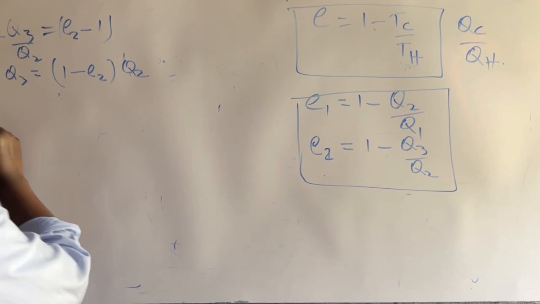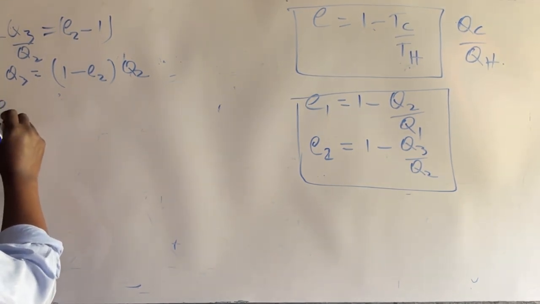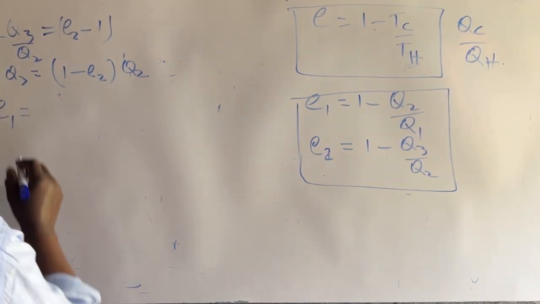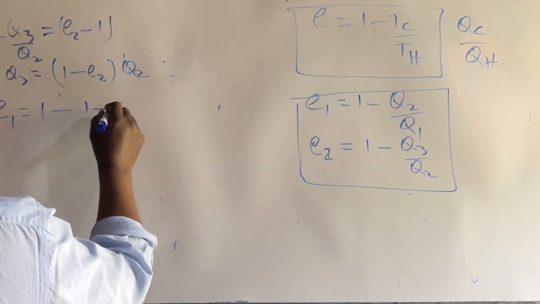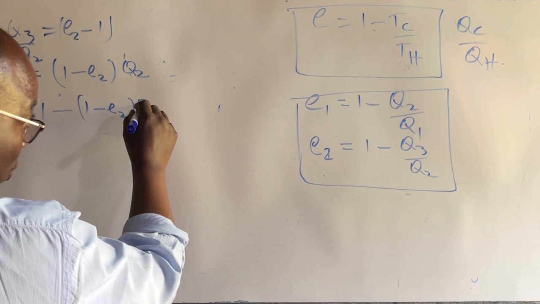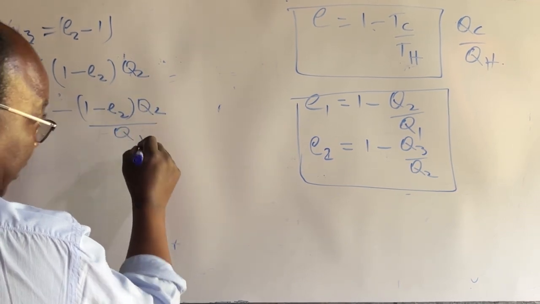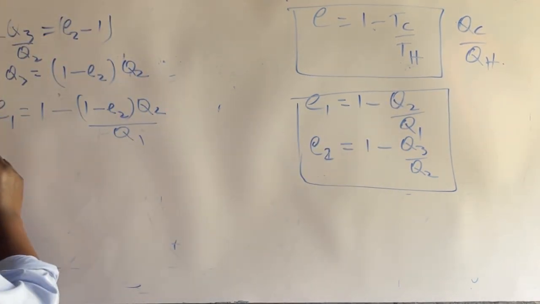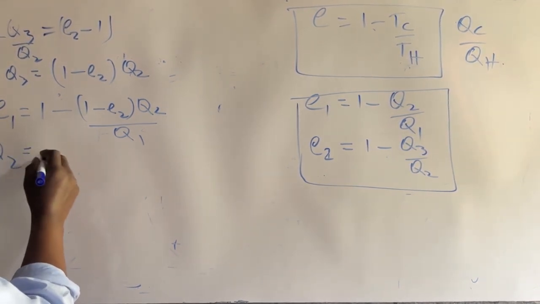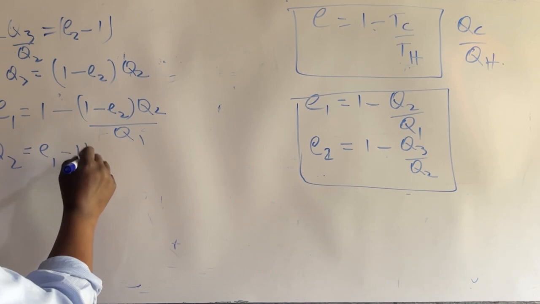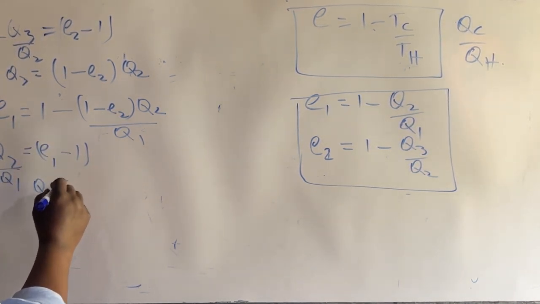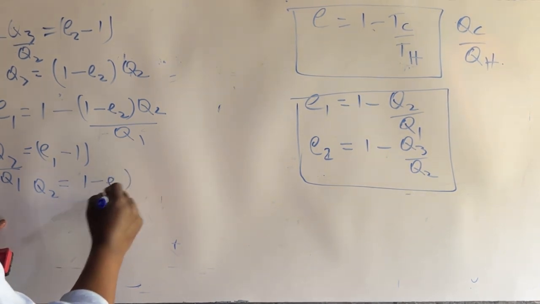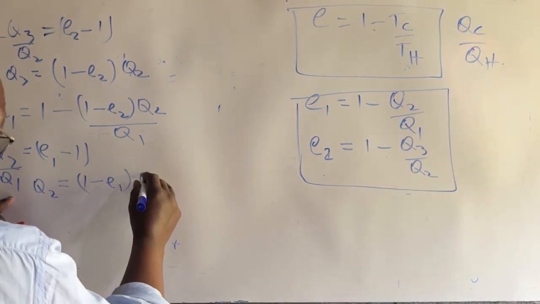And so, if we substitute that into the first expression, we'll have 1 minus (1 minus E2) Q2 over Q1. And from the first expression for the efficiency, Q2 is simply 1 minus E1 times Q1.